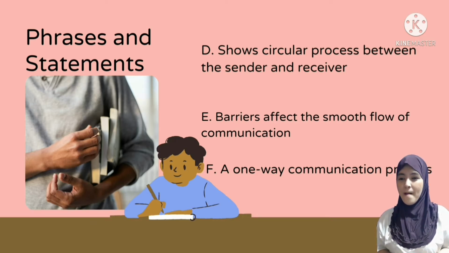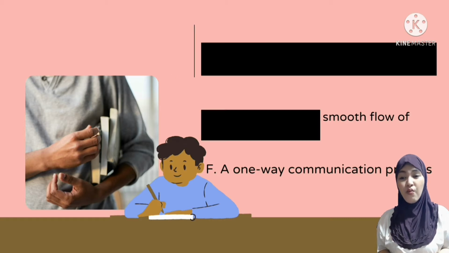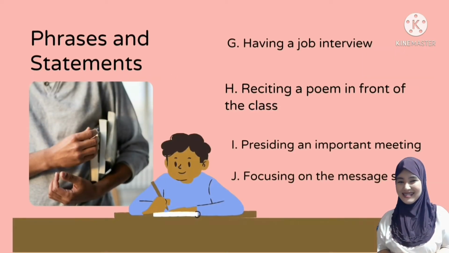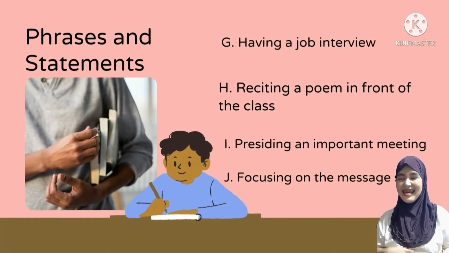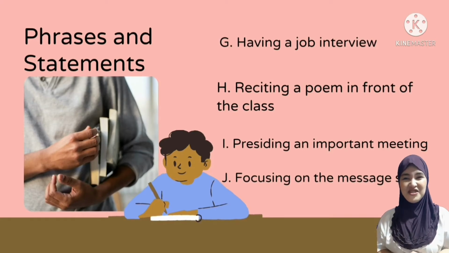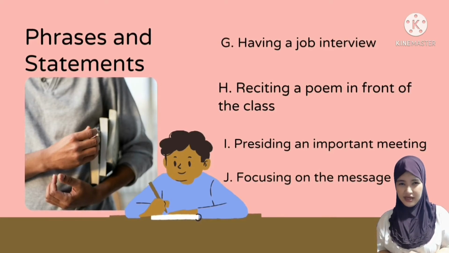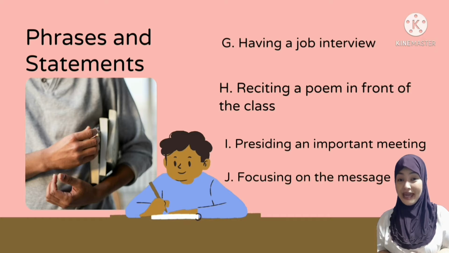Letter E, barriers affect the smooth flow of communication. Letter F, a one-way communication process. We also have letter G, having a job interview. Letter H, reciting a poem in front of the class. Letter I, presiding an important meeting. And letter J, focusing on the message sent.